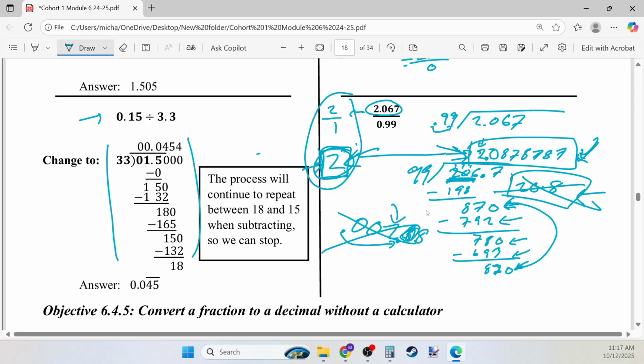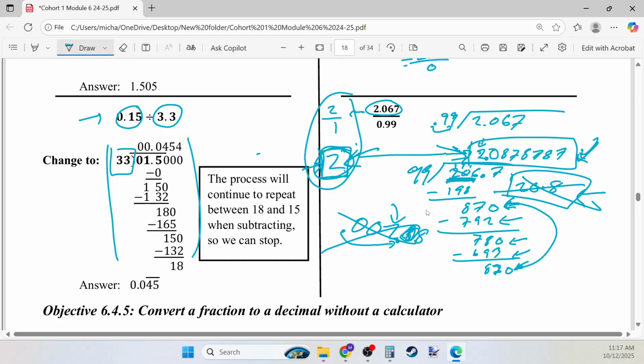But notice that they changed the 3.3 into 33, just like I would. This 0.15 becomes 1.5, just like I suggested. You should change to non-decimal numbers in this position. They did their division and they get 0.0454.